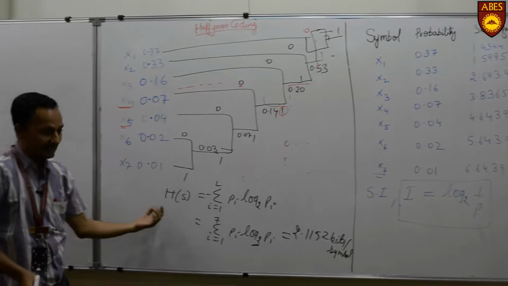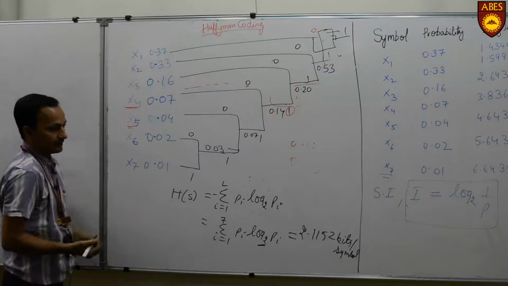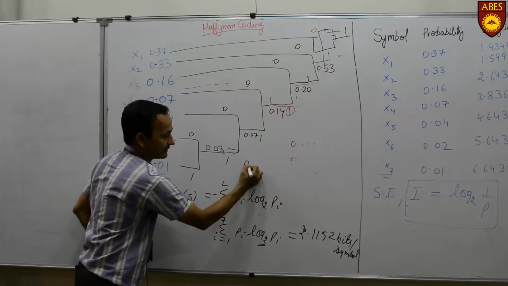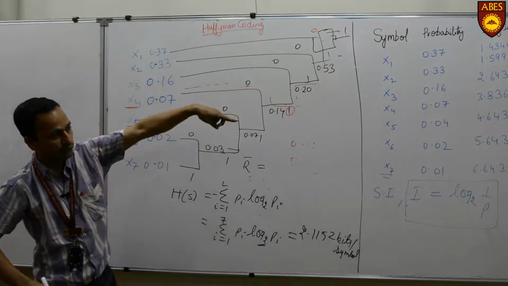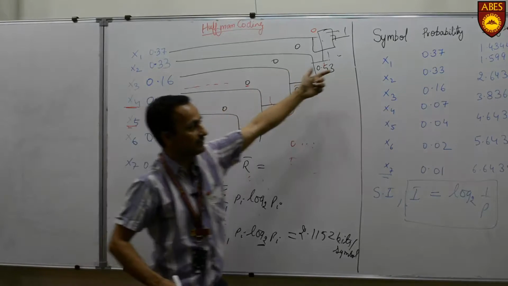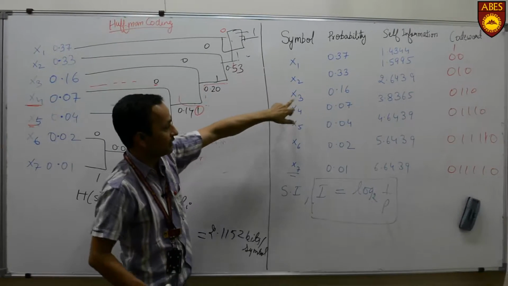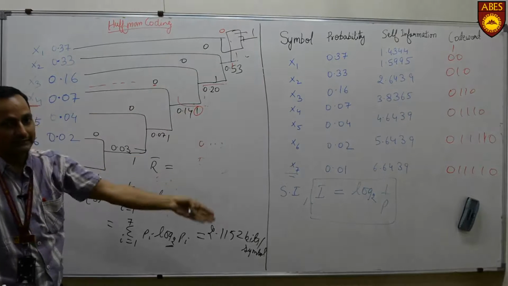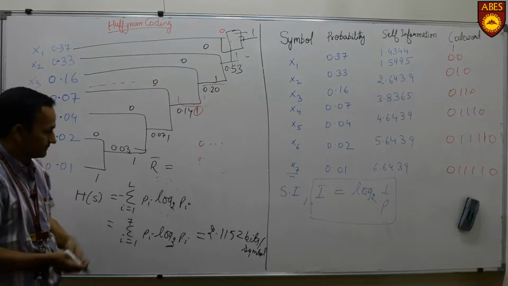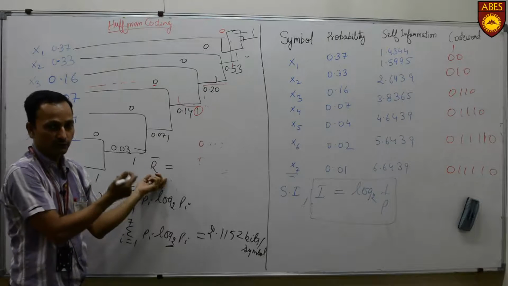First we had calculated this H of S. Now secondly, I have to calculate the average code word length. For X1 I had used 1 bit, for X2 I had used 2 bits, and for X3 we had used 3 bits. For these code words I have to calculate the average number of bits used to encode this information.